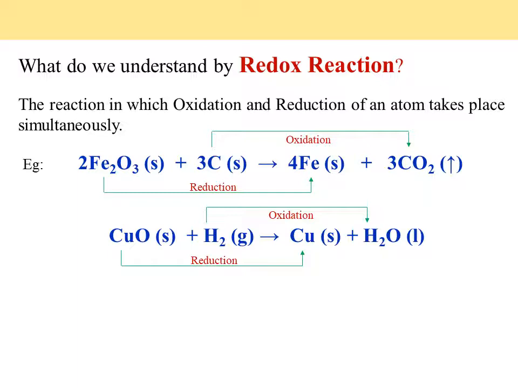But there has to be two or three compounds, because one component cannot simply give one compound. The same species cannot undergo oxidation as well as simultaneously reduction in the same compound. It is not possible.